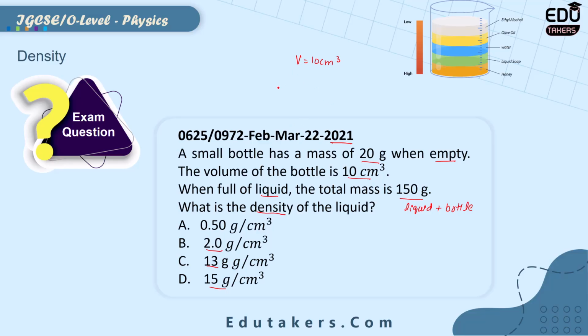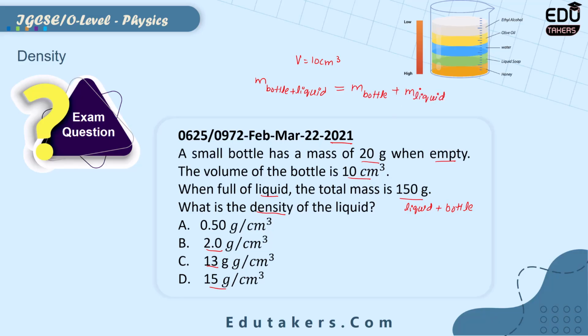I can simply write here the mass of bottle plus liquid. The combined mass of both of these is equal to the sum of the separate masses. The mass of bottle plus mass of liquid.